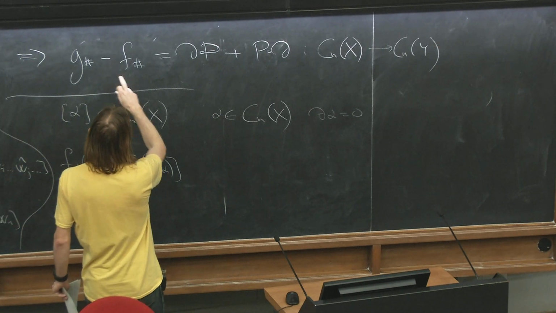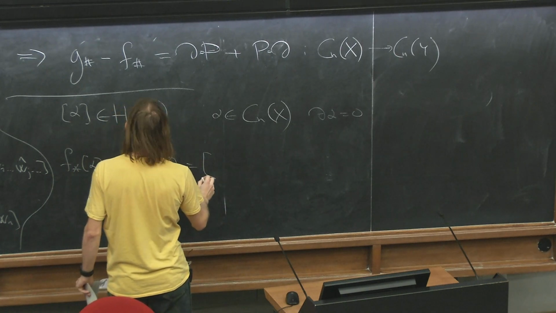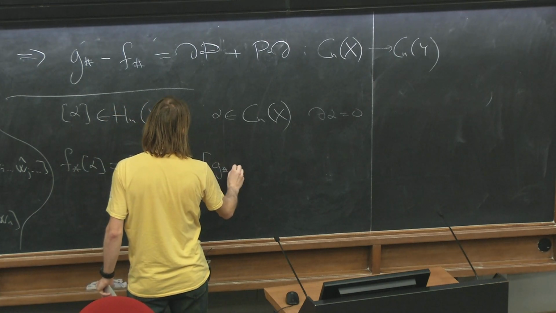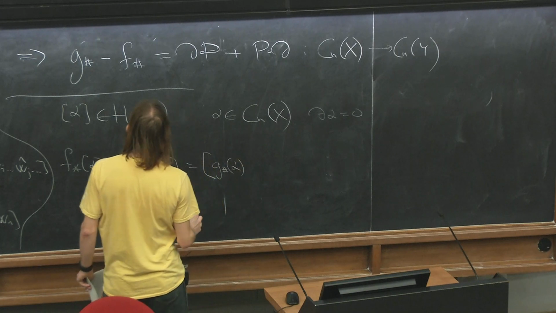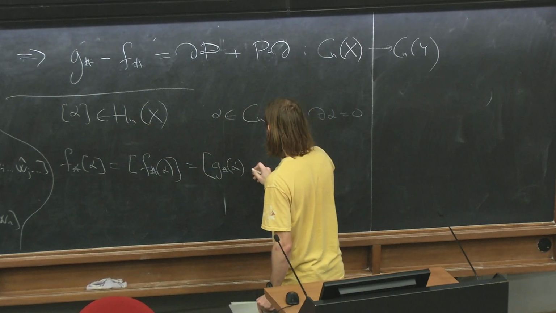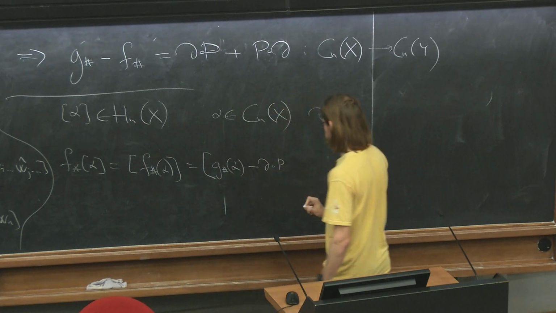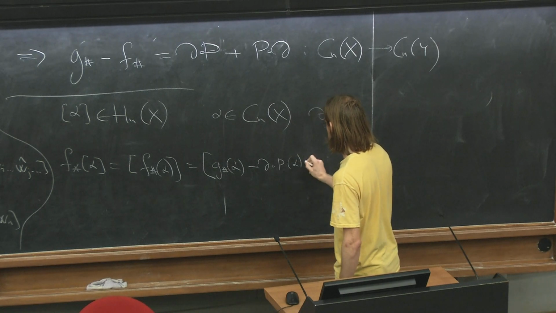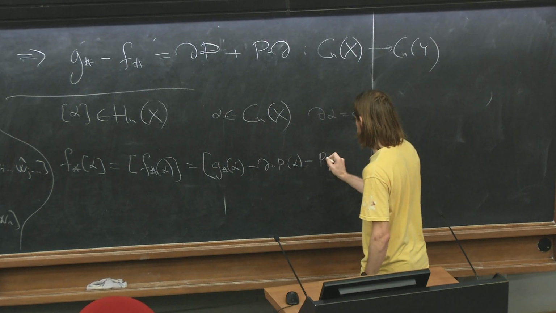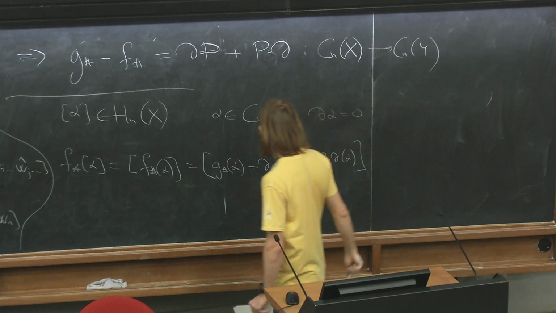And then I can use this identity to rewrite it as the class of G sharp of alpha plus (G composed with P minus P composed with D) applied to alpha.